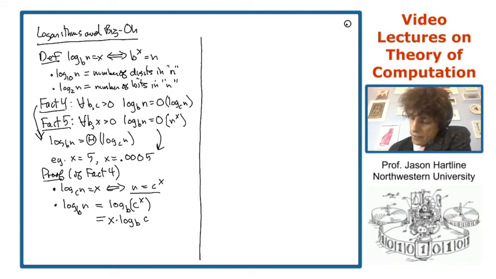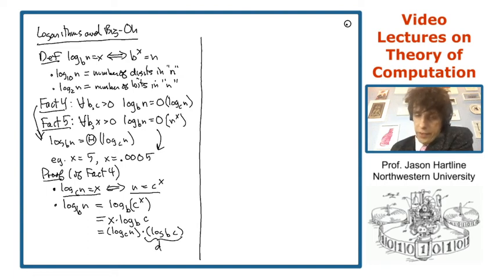But now I want to remember the right-hand side of my equation, that x was equal to log base c of n. So this is equal to log base c of n times log base b of c. And log base b of c is just some constant d.